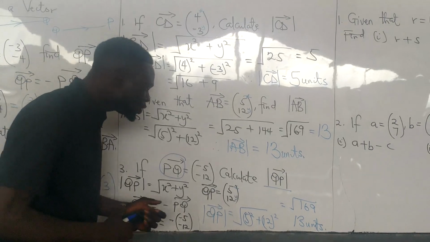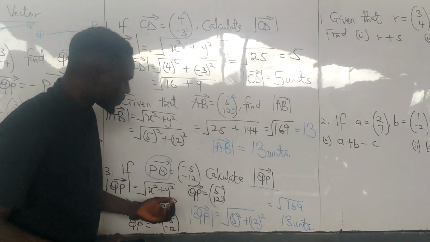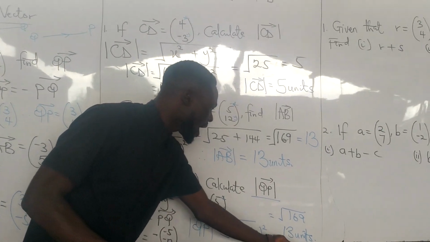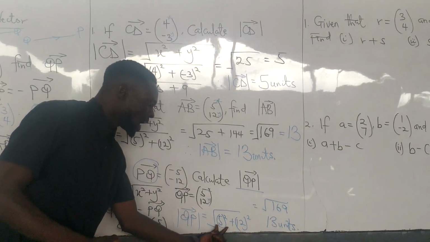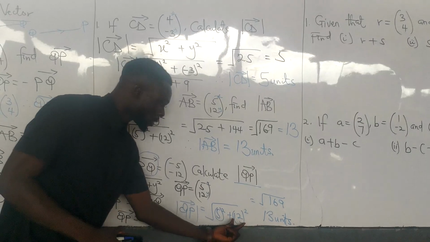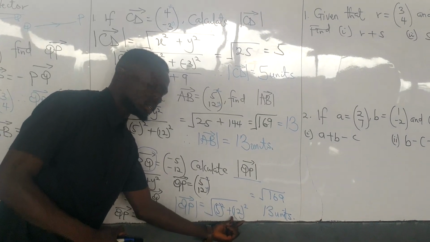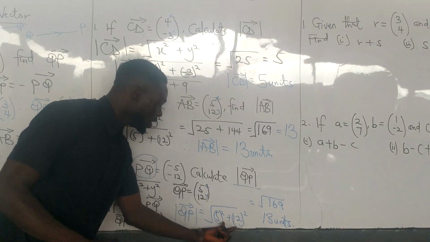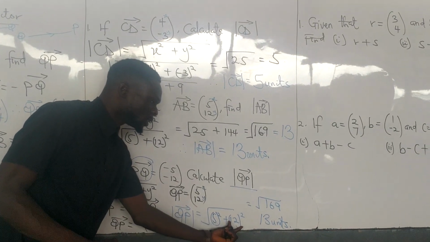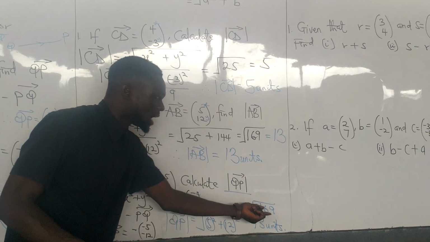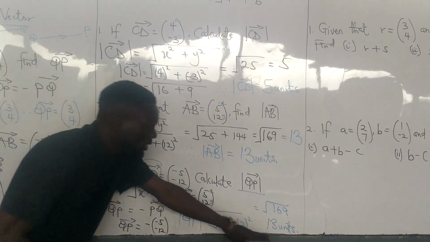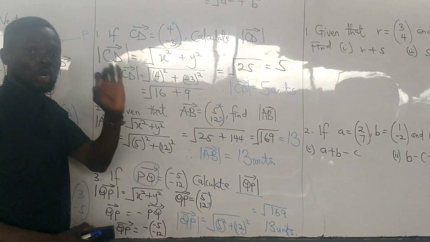So the magnitude of QP is equal to 13 units. How? 5 squared is 25, 12 squared is 144. 25 plus 144 gives you 169, giving you 13 units as your magnitude.